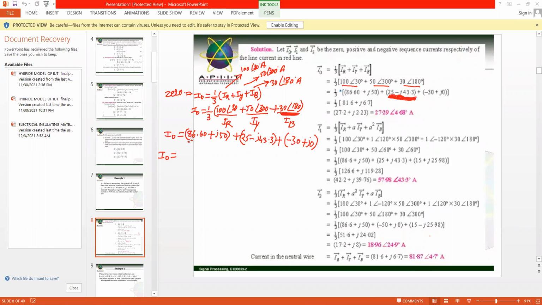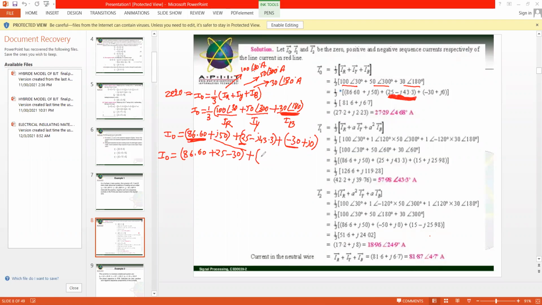So next, I0 is equal to, add the similar components, add the similar elements. That means real element and real element. So 86.60 plus 25 minus 30 in bracket.